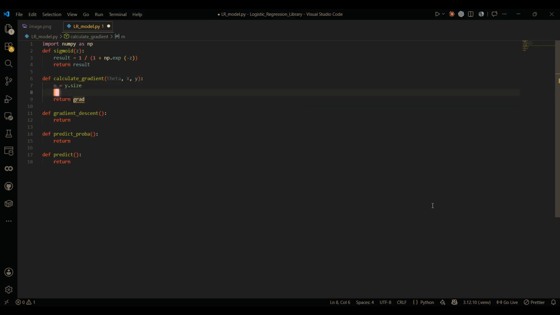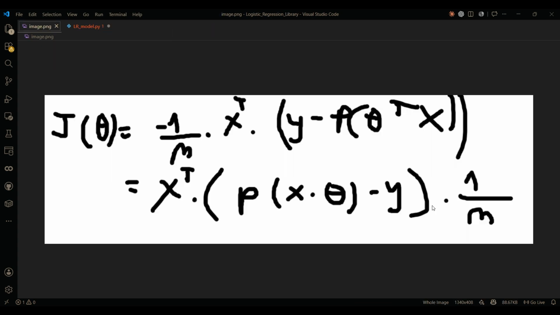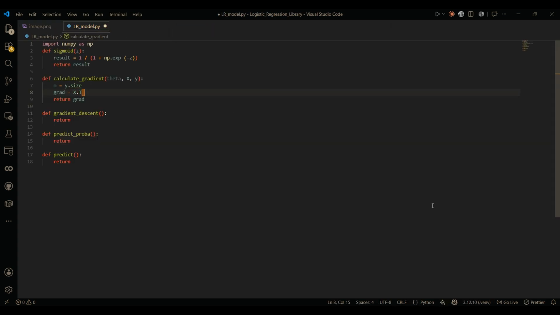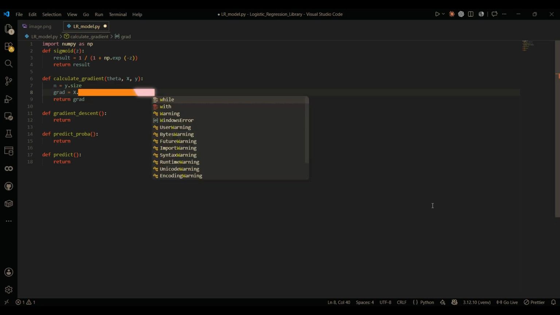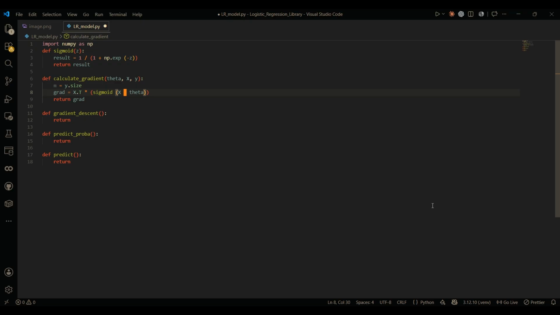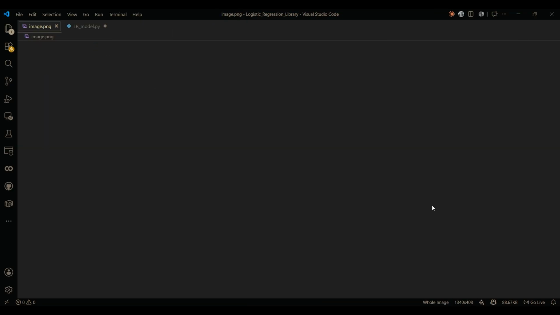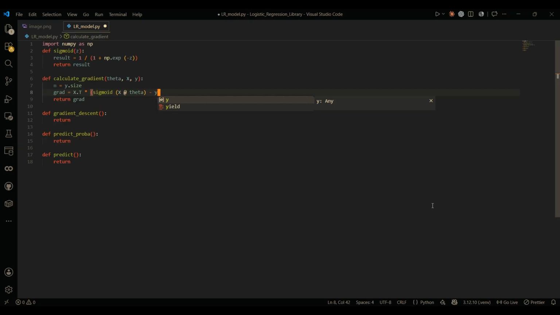So return gradient, and gradient equals x transpose multiplied by (sigmoid function of x multiplied by theta, which is matrix multiplication, minus y), all of this over m. That's it? Yeah, I think that's it.